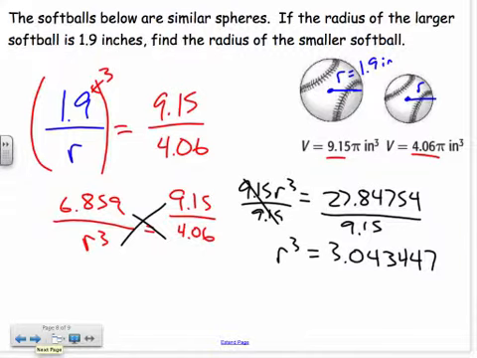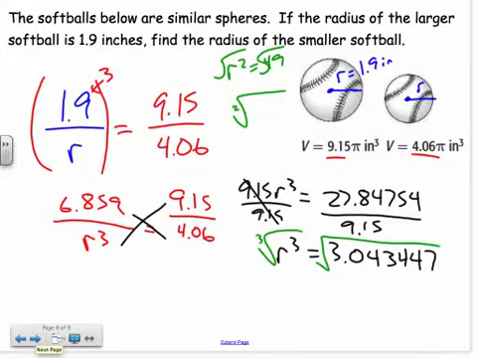Well, I know how to do it if I have like an R squared, right? If I had something like this, I just take the square root on both sides. And really, the square root, whether you know it or not, there's an imaginary 2 that sits out front because it's the square root, right? I'm reversing the squaring, right? So in this case, I'm going to take the cubic root, is what we call it.